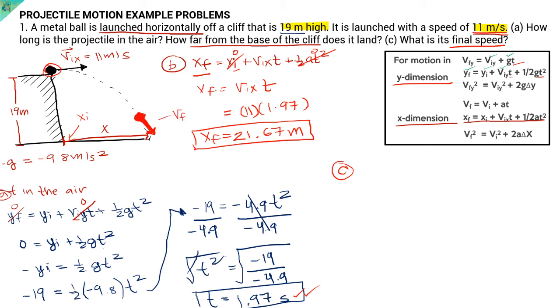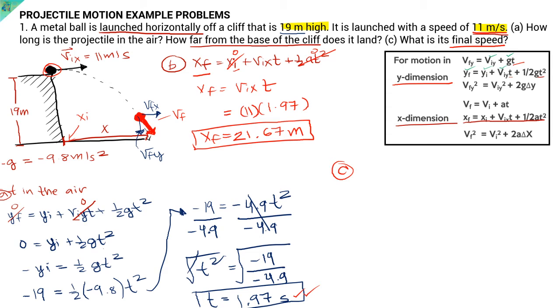And that should be a projectile, which means that this should have Vfx, which is the final velocity before it lands on the x-axis, and Vfy, which is the final velocity on the y-axis before it lands.